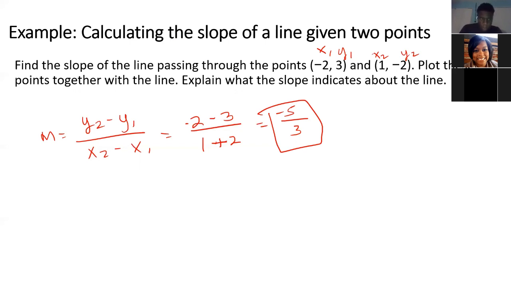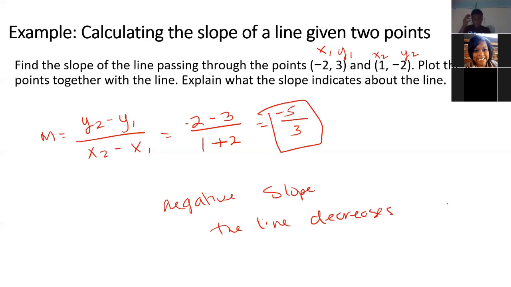Okay, it means that my line is decreasing. So this is because I have a negative slope. The line decreases from left to right.